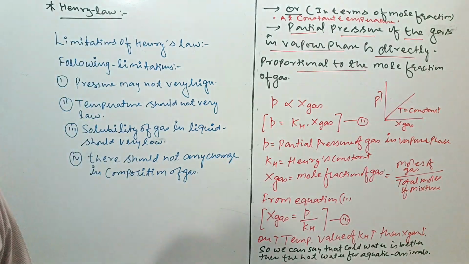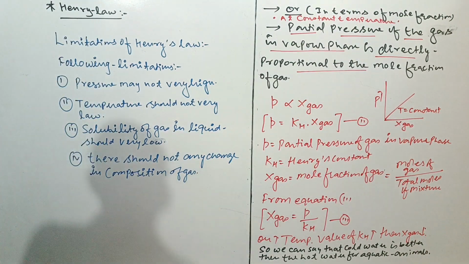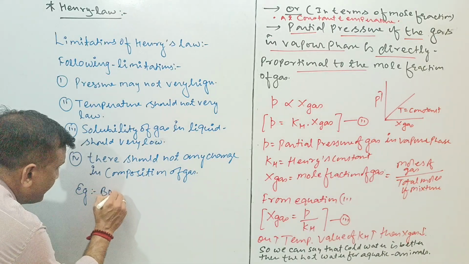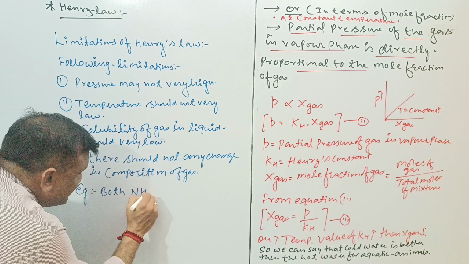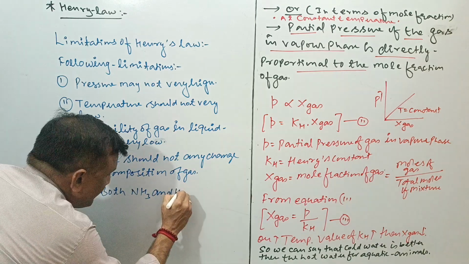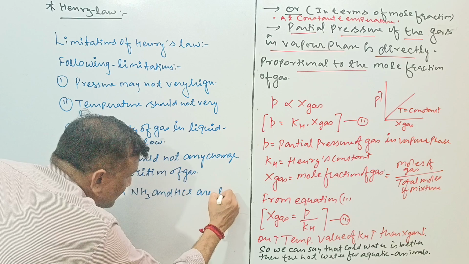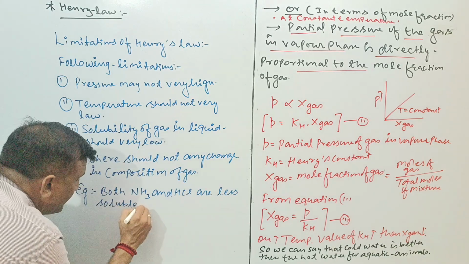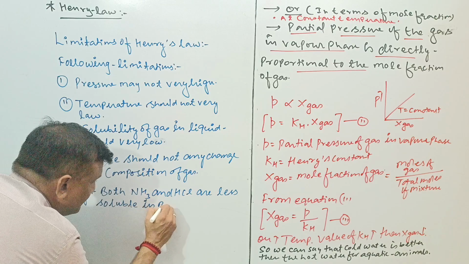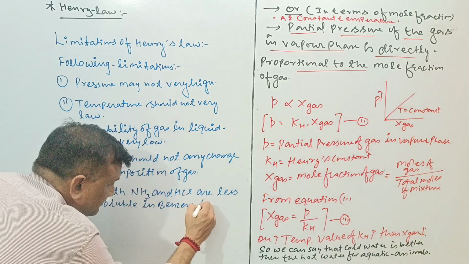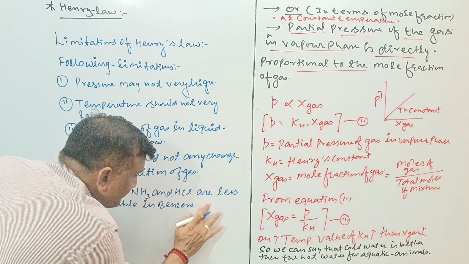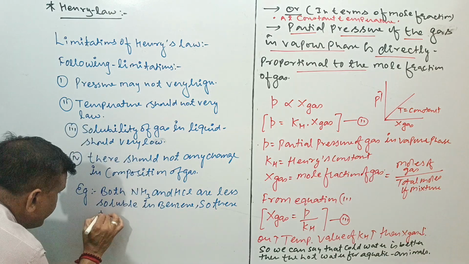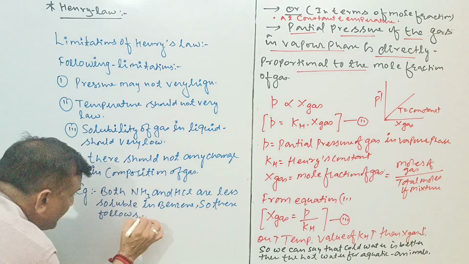Now if we go with the example, then both NH3 and HCl are less soluble in benzene. So these follow Henry's law.